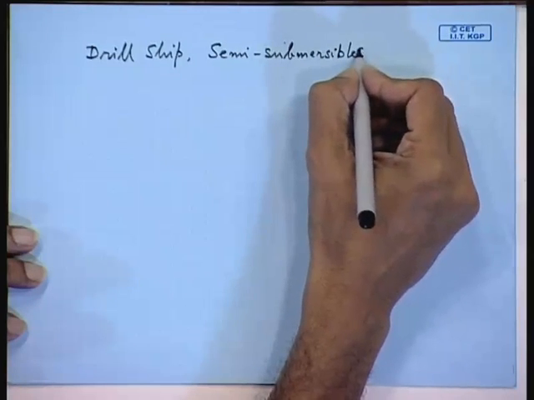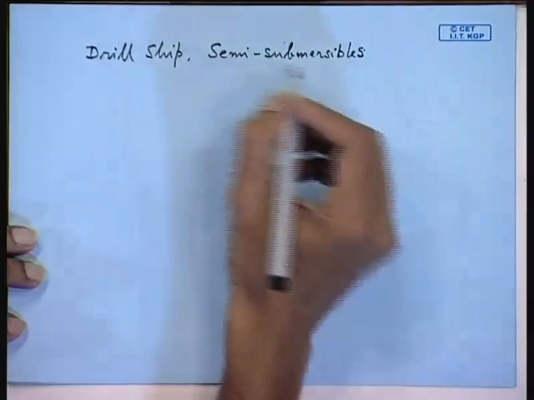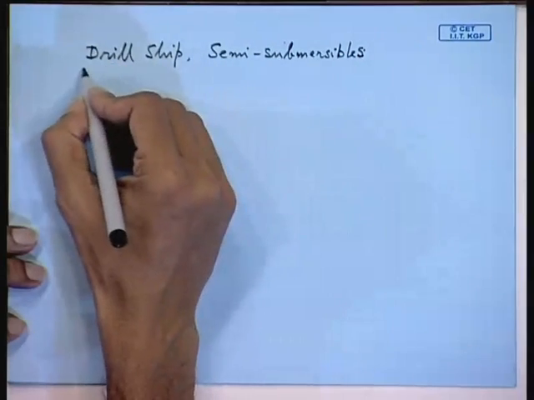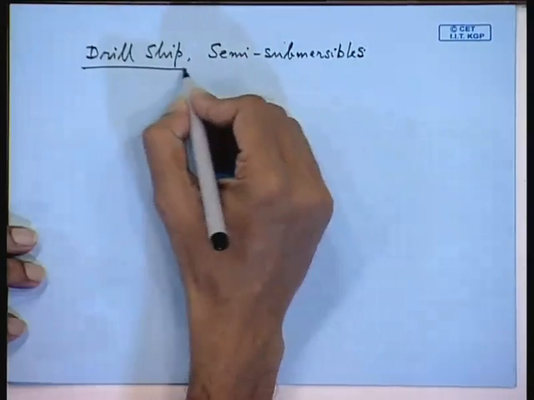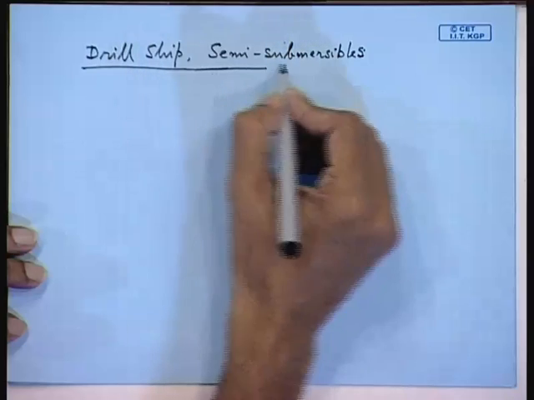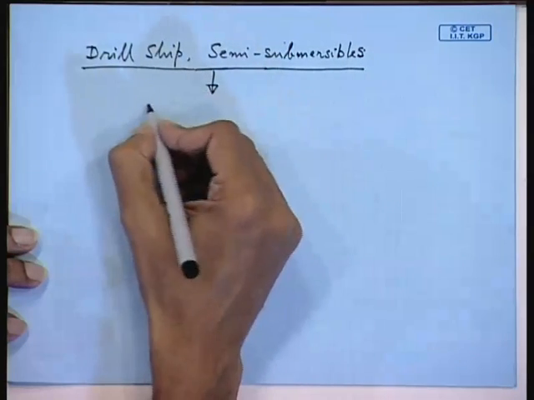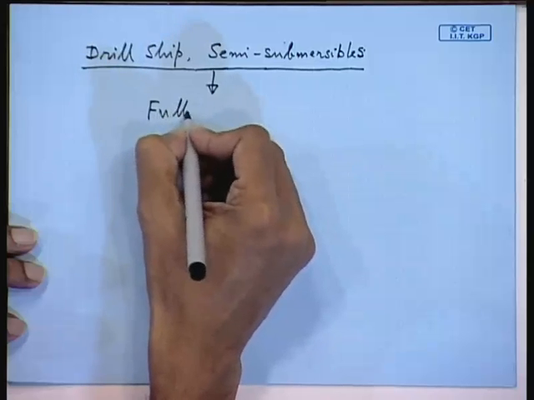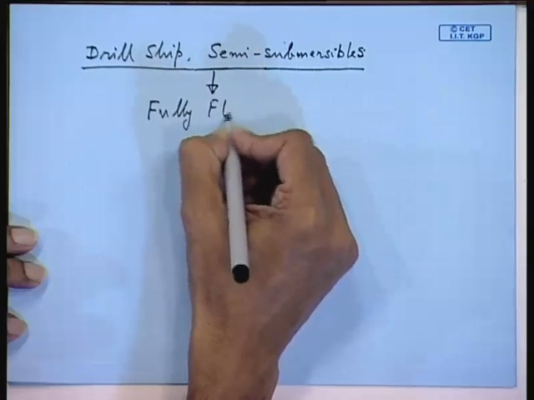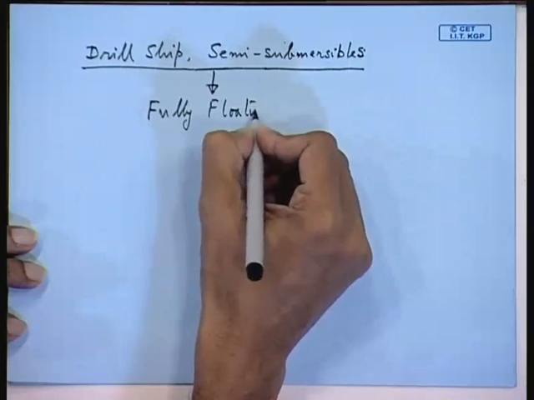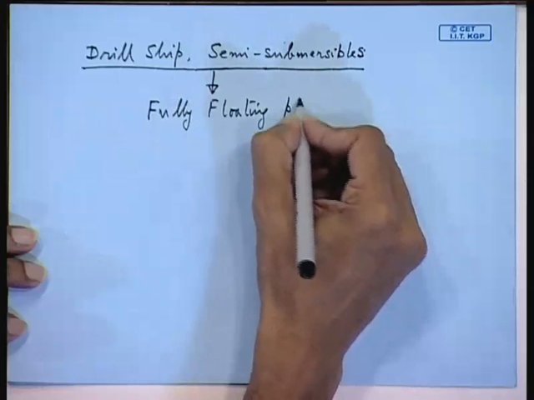But why you go for this, a fully floating types rather than a compliant one? These are the fully floating varieties. Fully floating platforms.